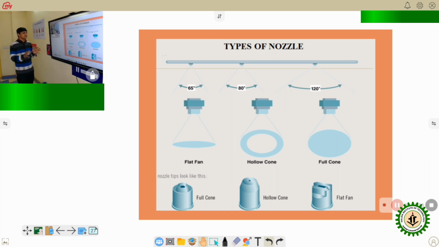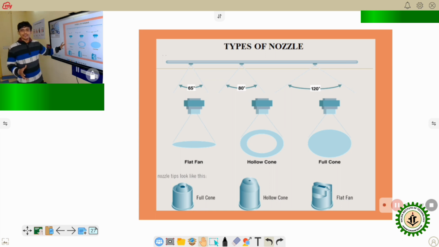So these are the basic functions. Here you can physically see the different shapes of the different types of nozzles. So this is a clear picture of the nozzles that we are using for spraying. So this also controls the effective use of fertilizer in the field conditions.